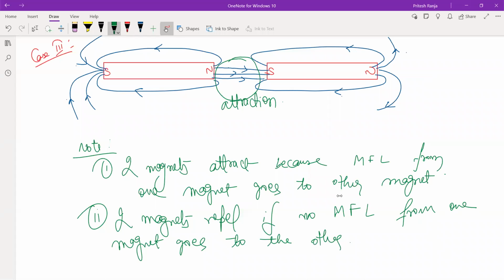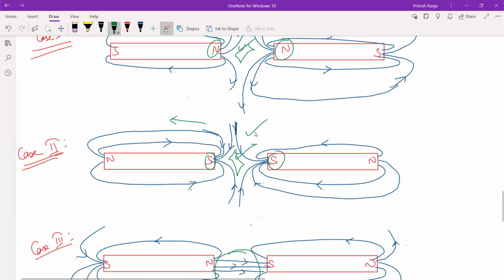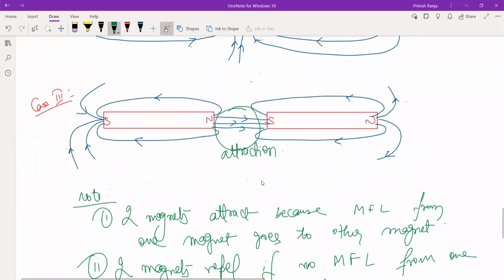What if we bring the two magnets in case 1 and 2 to touch by force? We are talking about the repulsion and attraction. If you bring them by force also, there will again be repulsion. Okay, so yes, these two points you can quickly write down.